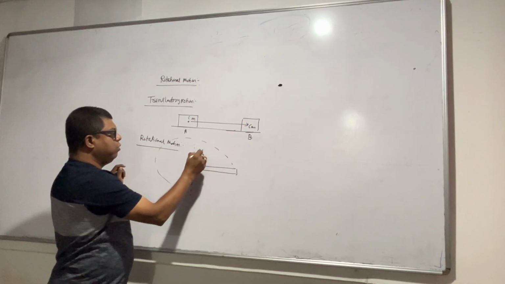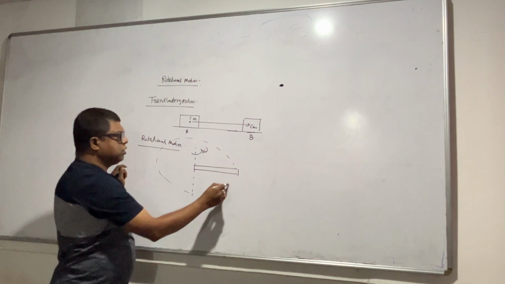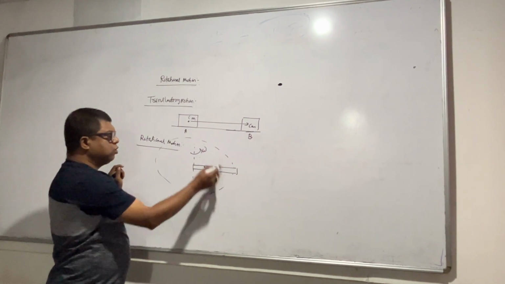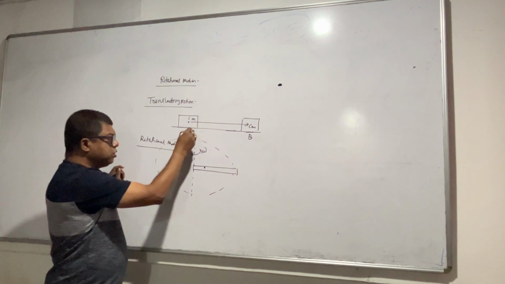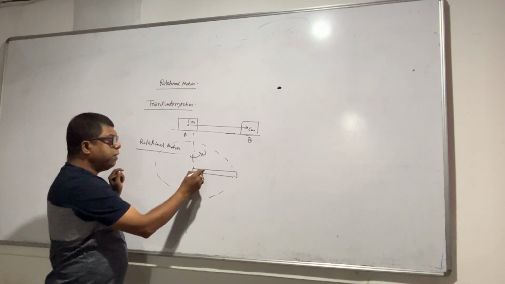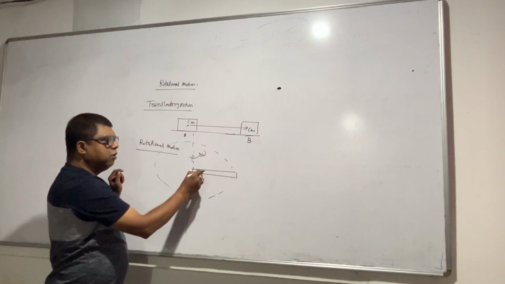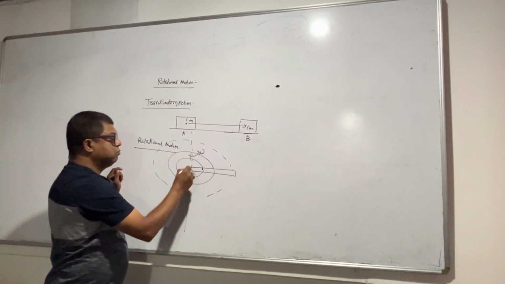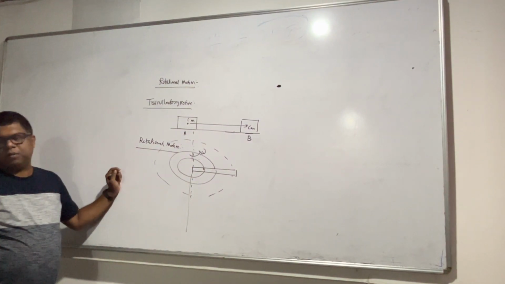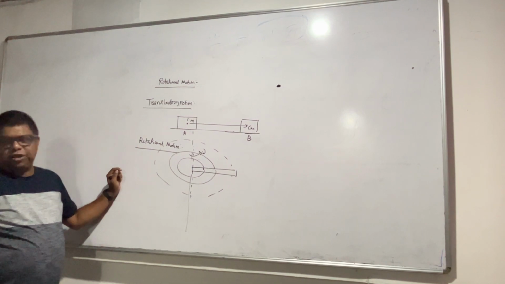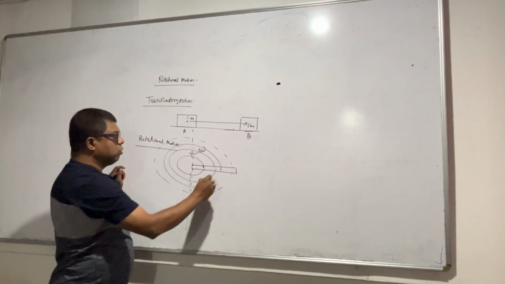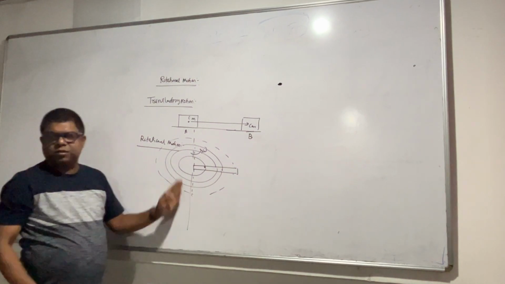Having a certain angular velocity, the rod is rotating about this axis. That means each particle on the rod makes a circular motion about the axis of rotation.